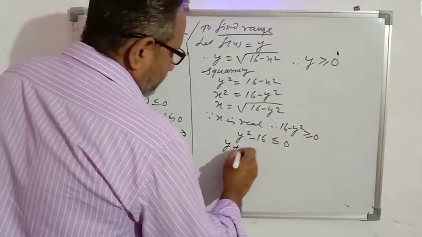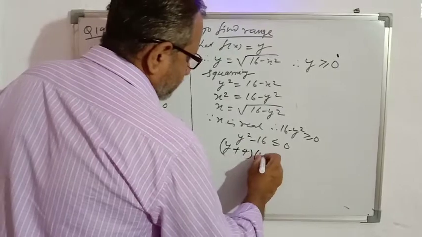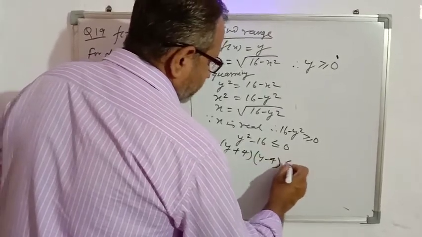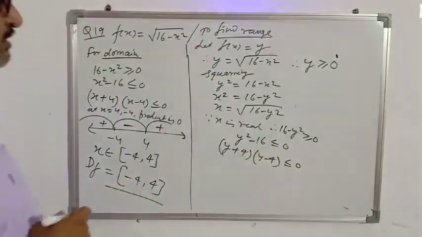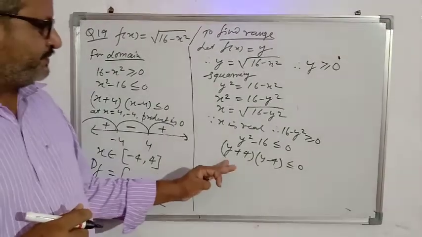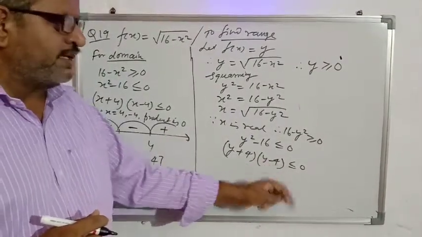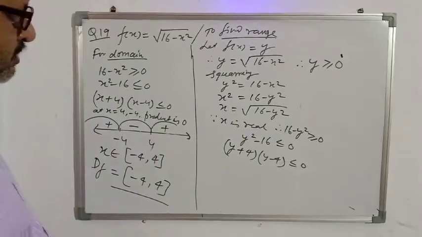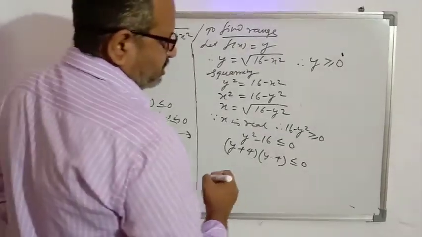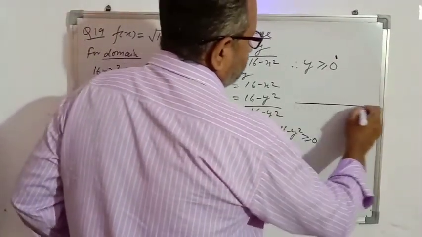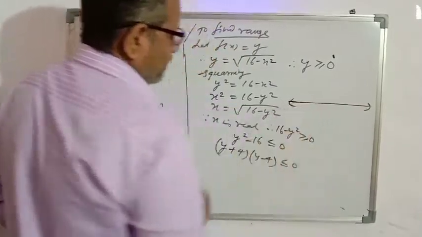Factorize it: (y plus 4)(y minus 4) is less than or equal to 0. Again we see that the product of these two brackets is less than or equal to 0, so we can use the method of intervals.